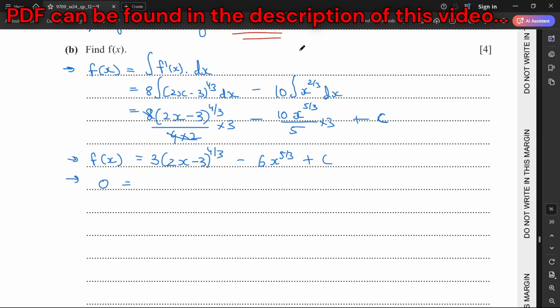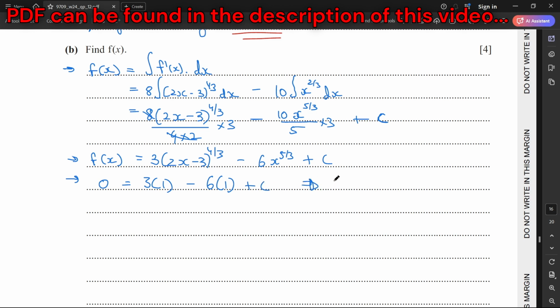So minus 1 to the power of 4 by 3. What does it come out to be? Minus 1 to the power of 4 will become positive 1. So positive 1 to the power of 1 by 3 will become 1 only. So it's going to become 3 times 1 minus 6 times 1 plus c.